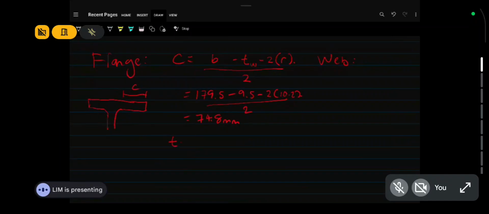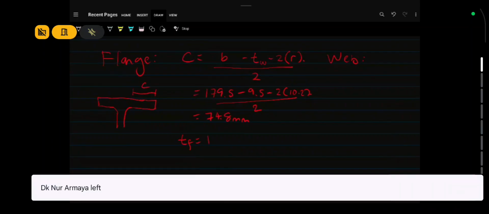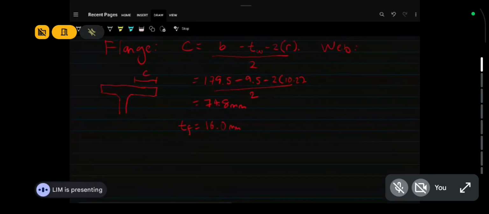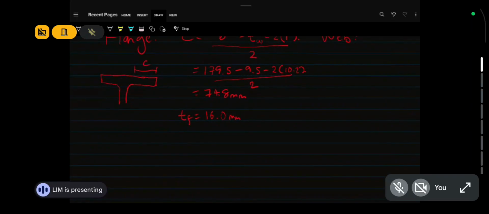What is TF, the flange thickness? 16.0. Therefore, to check the flange, you need to do C over TF.